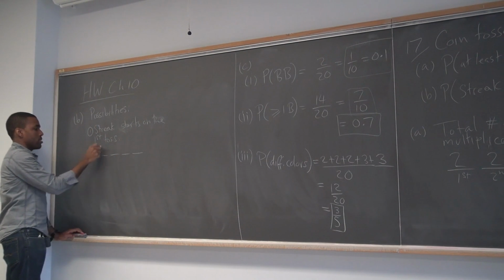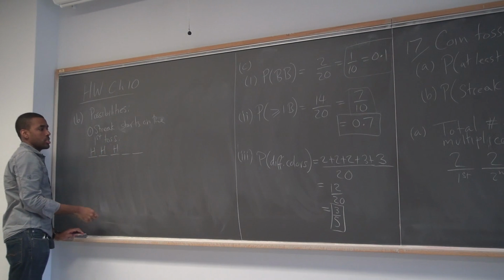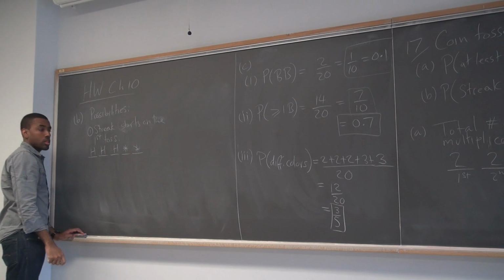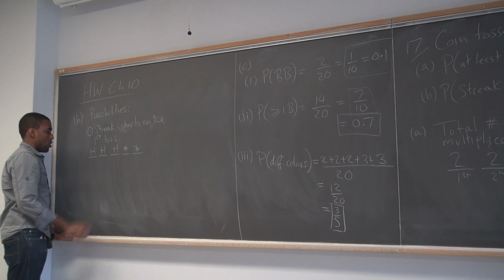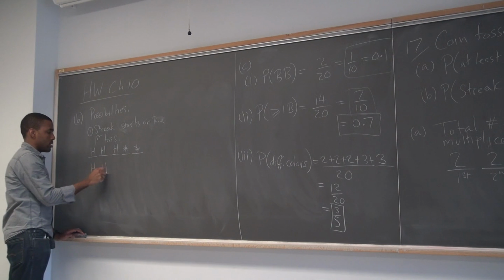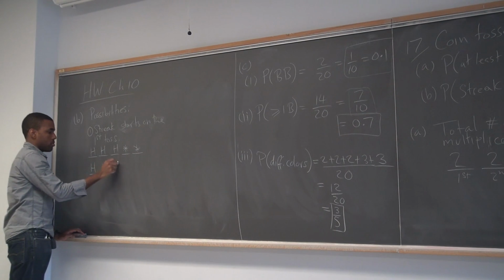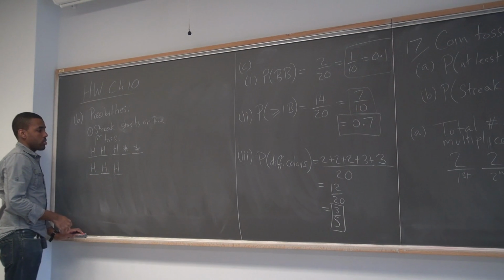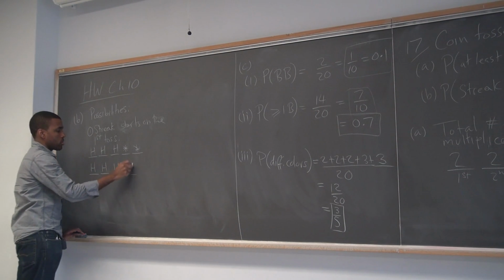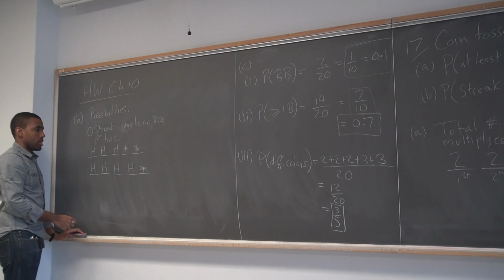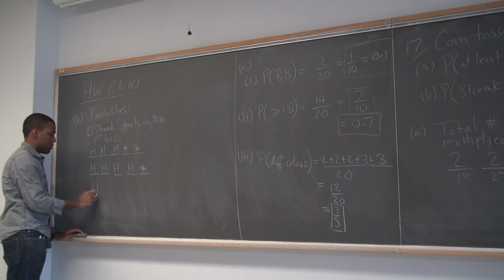Well, you can have 3 heads here, and then we don't really care what happens here or here. So we only get 3. We could also get 4. We're going to have to be careful we don't double count something here. And we can also get 5.